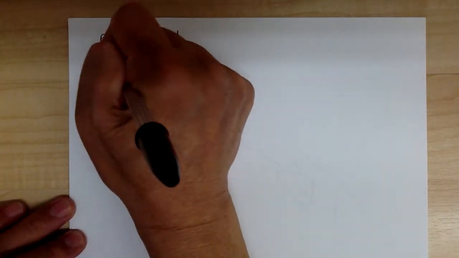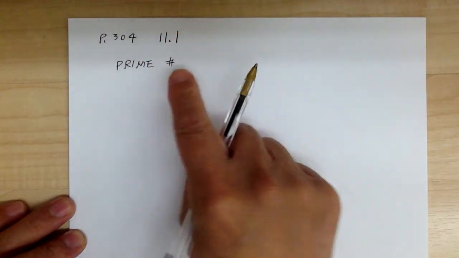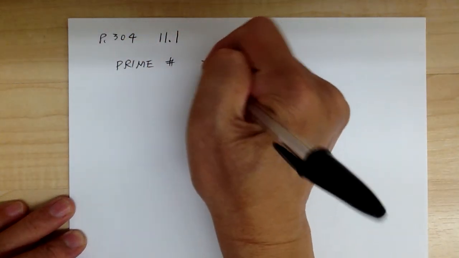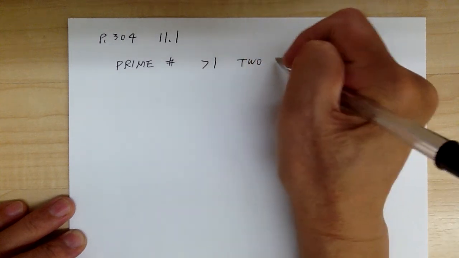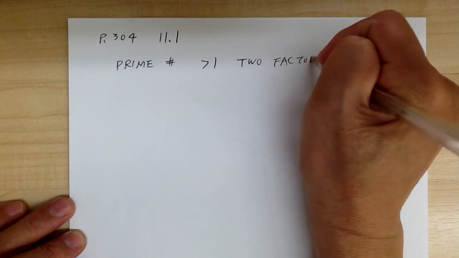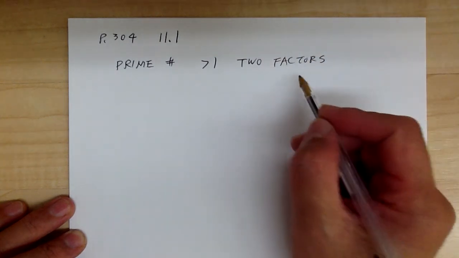So first, let's talk about prime numbers. A prime number is a number that is greater than 1 and has only two factors, 1 and itself. Factors are what you can divide by.